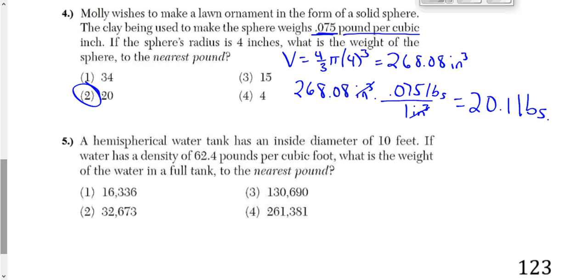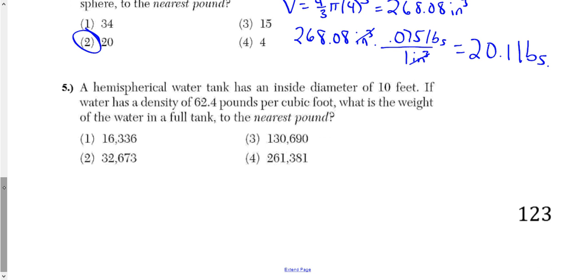So as usual, we got to find the volume of this hemispherical shape. Diameter is 10, so the radius is 5. So the volume is going to be half of 4/3 times pi times 5 cubed.